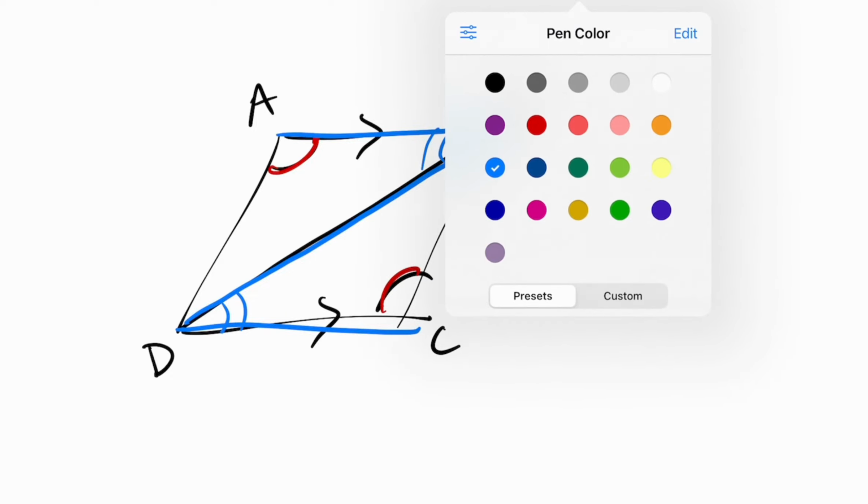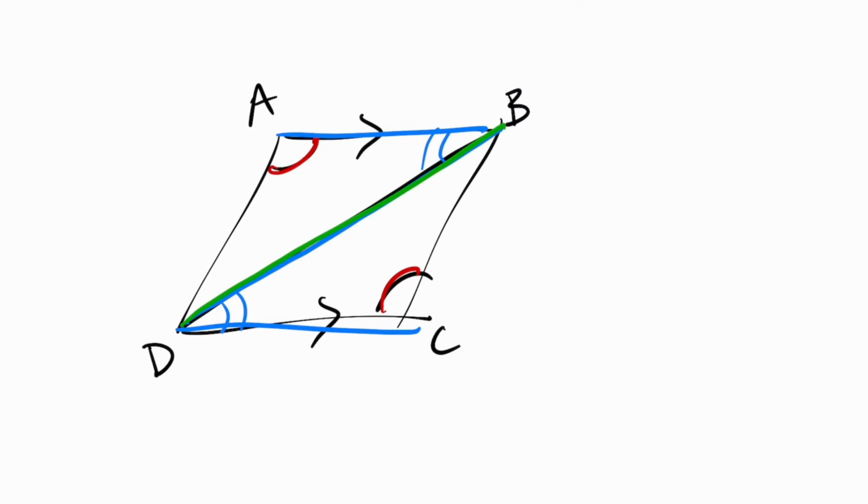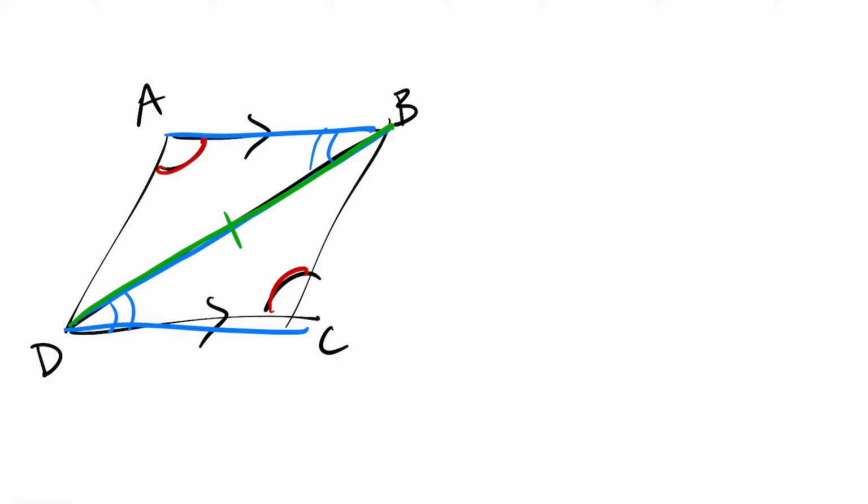Another thing we can say is that segment DB is congruent to itself. This is a common side, kind of like I mentioned earlier, so we can give it a congruent marking and just say that that one side is the same for both triangle ABD as it is for DCB. And so with this information now, we've got this red angle A marked with this red angle C. We've got this blue angle ABD marked as congruent to this blue angle CDB.